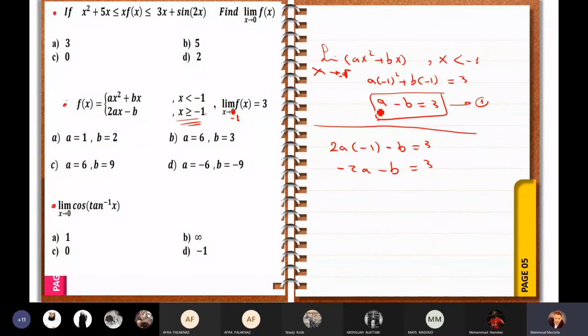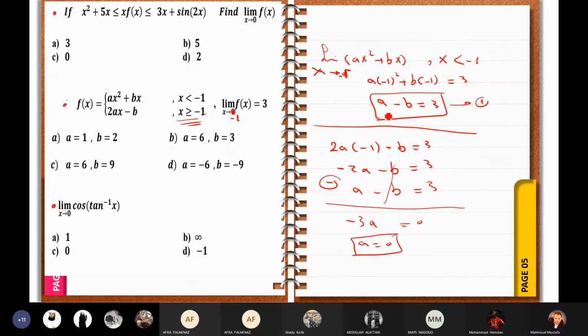You can subtract. When you subtract, -2a minus a is -3a, minus b minus -b is 0, 3 minus 3 is 0. So -3a equals 0, which means a equals 0. If a equals 0, then b is -3.